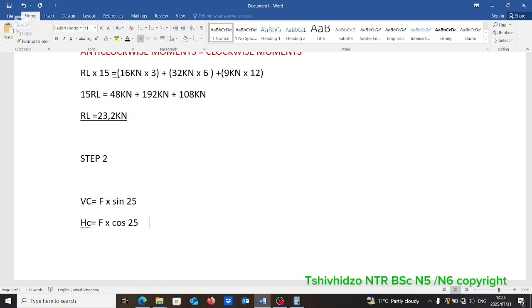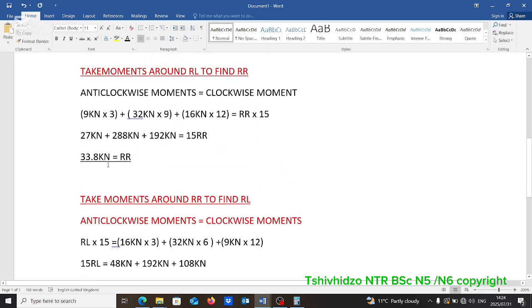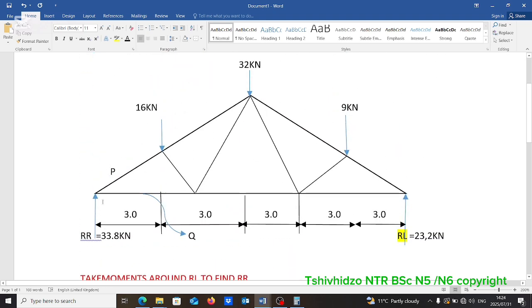So F multiplied by cos 25. You must also understand that the sum of horizontal components equals 0 and the sum of vertical components equals 0. Let me explain something here. This is our force. In this force, we have a vertical component, but we don't have a horizontal component because it's going upwards.